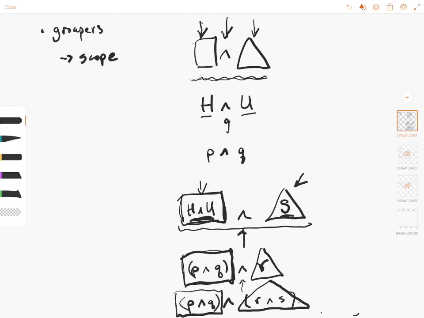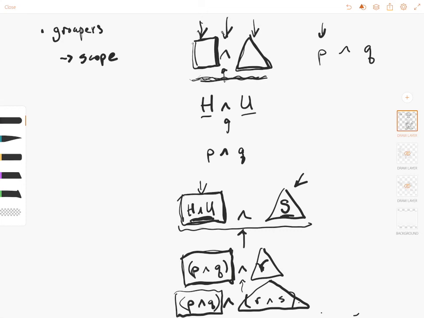So if we look at this expression, we can say that the scope of the operator AND is whatever proposition is in the box on the left and whatever proposition is in the triangle on the right. A little bit more formal way to write that is the variable P and Q, remembering that P is a variable that can contain anything. So P can contain a proposition of any degree of complexity.